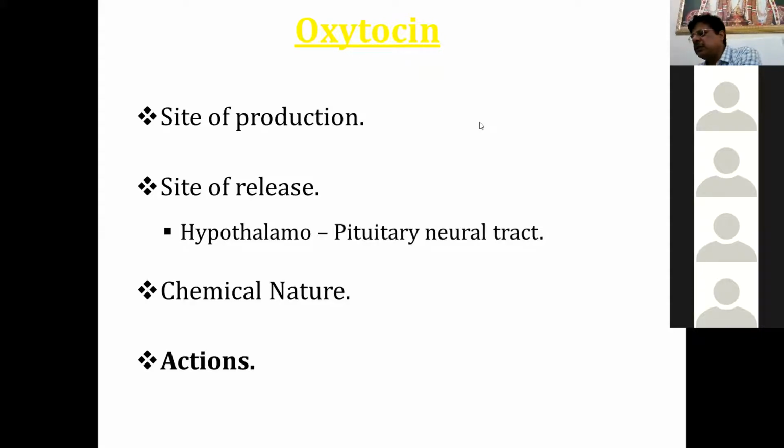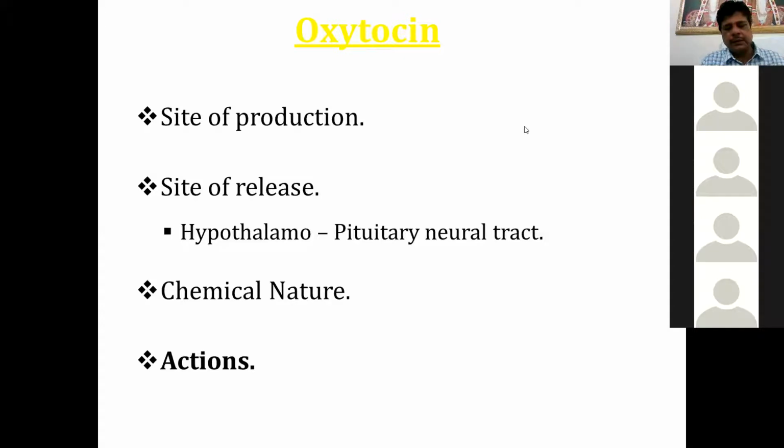Common sense should tell you that this is going to be useful mainly in central diabetes insipidus. In nephrogenic, whether you give synthetic or whatever, it may not respond because the receptors are abnormal. For any compound, neurotransmitter or hormone, the receptors on the target cell must be normal. Only then is it going to respond.